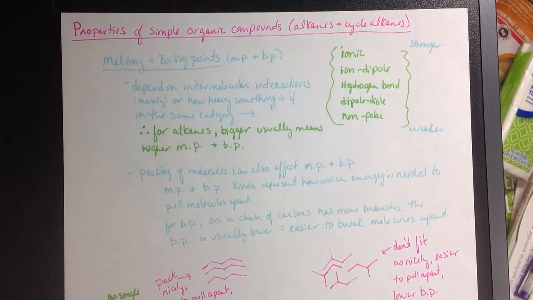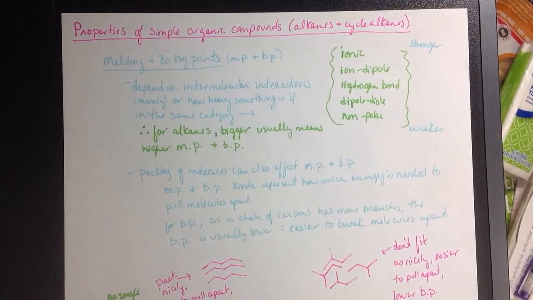Usually, the bigger carbon chain you have, the more energy it takes to get it to the next level, the more easily it will break its bonds with its neighbors.